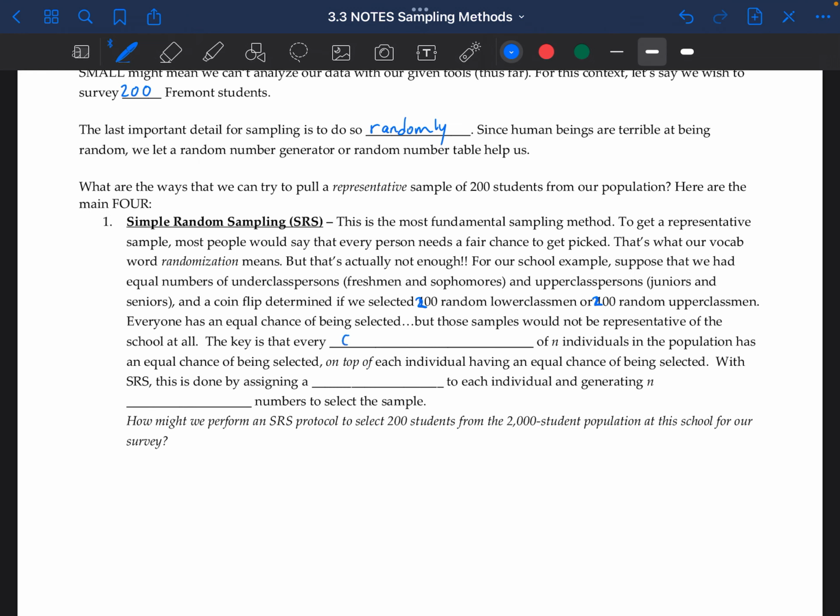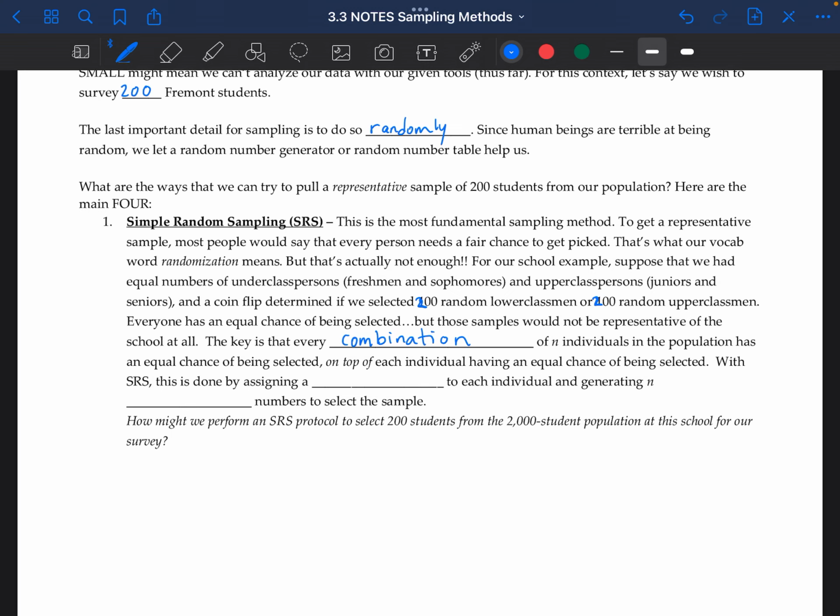In a simple random sample, the key here is that every combination of individuals in the population has an equal chance of being selected. And on top of that, each individual has an equal chance at being selected, okay?